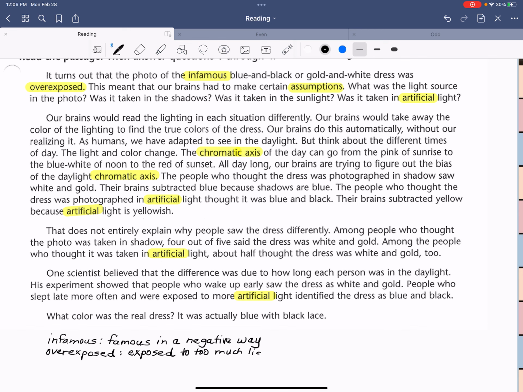If you become overexposed to too much sunlight, you will get a sunburn. So overexposed is too much of light in this case.